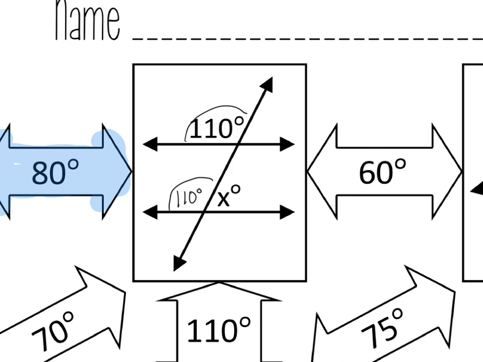And these are both on this straight line right here, right? So they create a half circle, a semicircle. And here I'll show you that maybe in yellow. That's a half circle between these two angles. So those are supplementary, they add up to 180. 180 minus 110 is 70. Okay, so our next answer is 70.